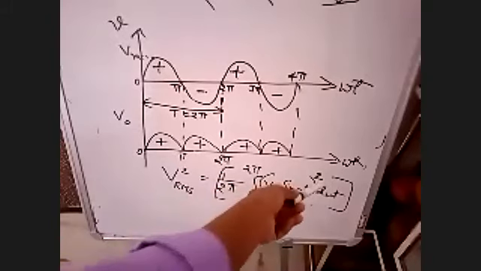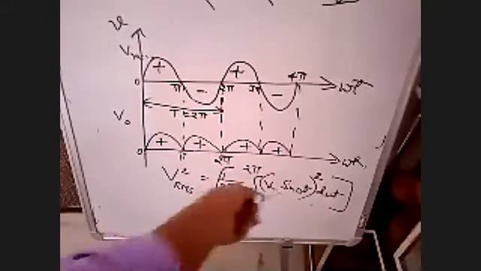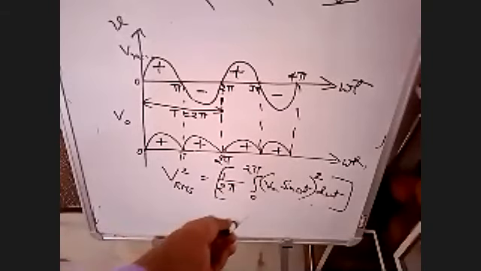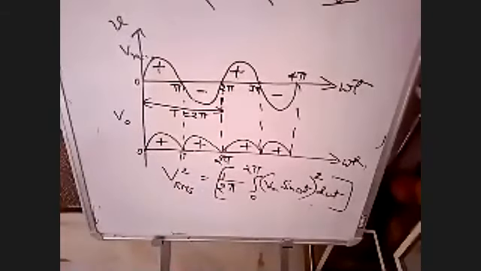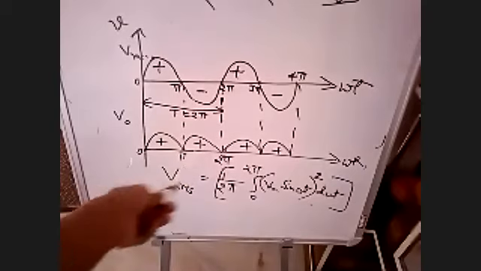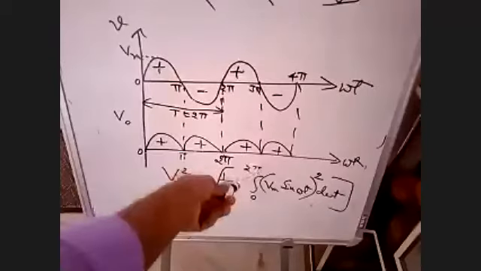If you take the square, automatically the RMS value will never come to 0. That's why I am taking the actual limits 0 to 2 pi. Your conducting period is from 0 to 2 pi.